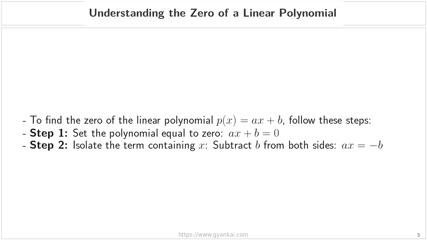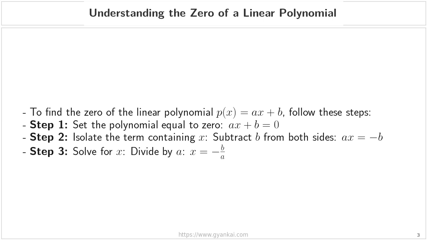Next, step 2, our goal is to isolate the term containing x. To do this, we need to move the constant term to the other side. We do this by subtracting b from both sides of the equation. Once we do that, we are left with ax equals negative b. Finally, step 3, we need to get x all by itself. Since x is currently being multiplied by a, we perform the opposite operation and divide both sides by a.